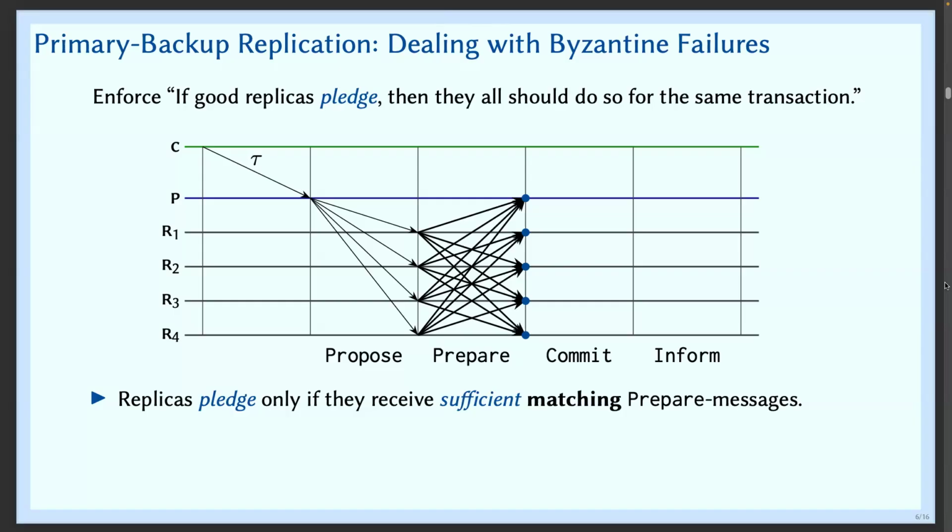These faulty replicas, for the time being, could cooperate. It doesn't mean that they always have to behave badly. So I could potentially still form a quorum in which the faulty replicas participated. However, if the faulty replicas participated in constructing this quorum, it's possible that later on, if you ask them what they voted on, they say we never voted on it, or they could say we voted on something else.